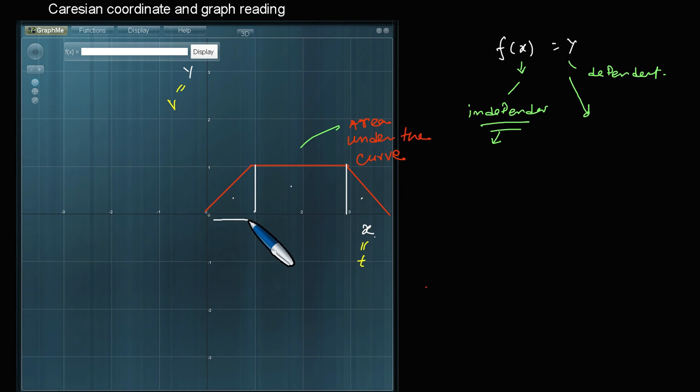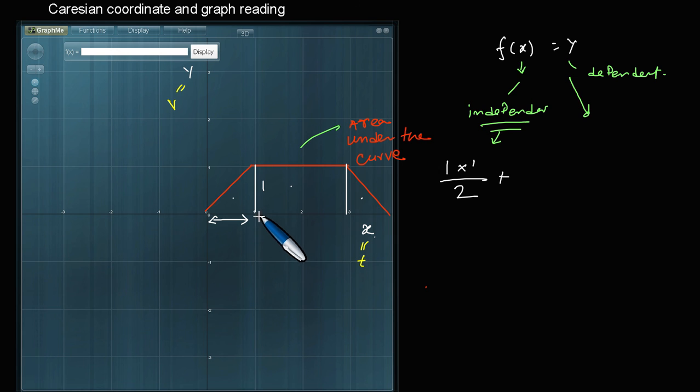This point is 0 to 1, that means 1, and this is 2, 1. So 1 into 1 into half. This is the formula for the area of a triangle. Now I'm adding the next portion, this rectangle.